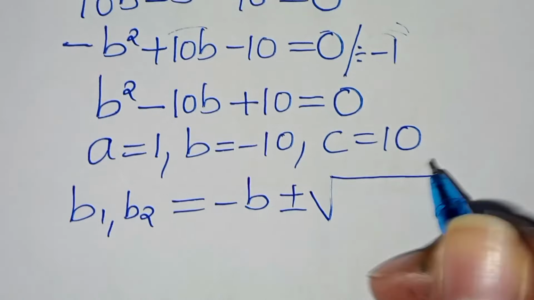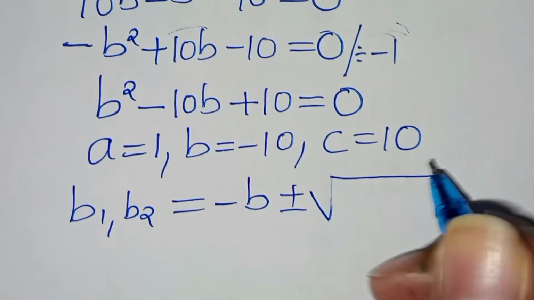Now, the next step from here, we can express the square root of 60. This is equal to 10 plus or minus the square root of 60, which can be expressed as 12 times 5, everything here divided by 2.